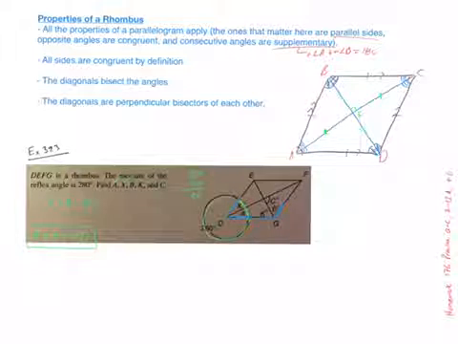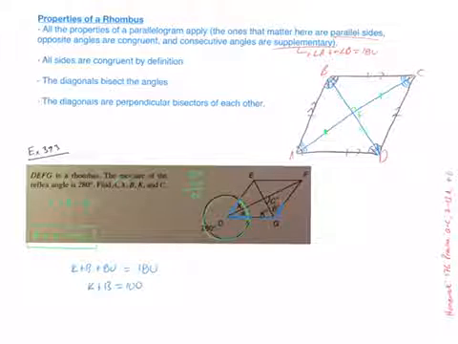And I also know that this angle right here, this first one, is 80. So I know K plus B plus 80 is going to equal 180. So that means K plus B is going to equal 100.